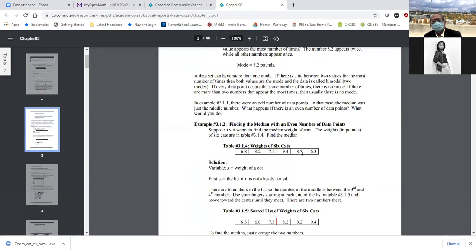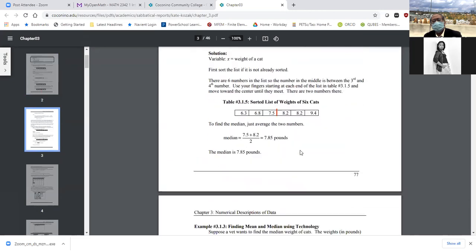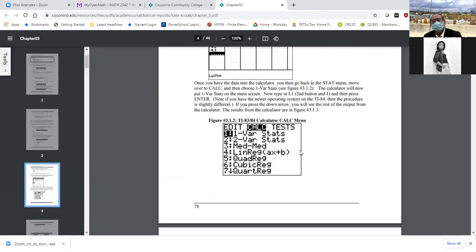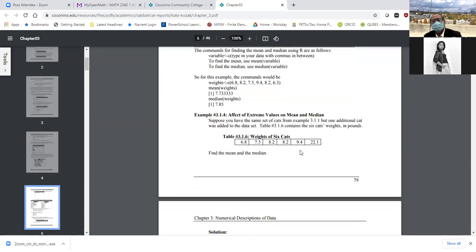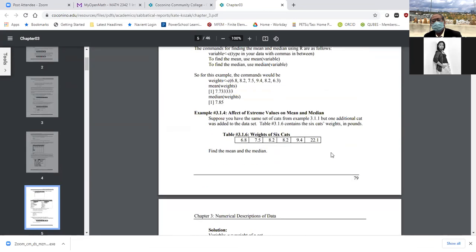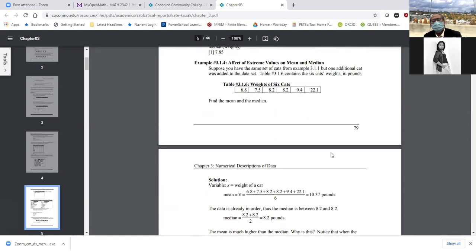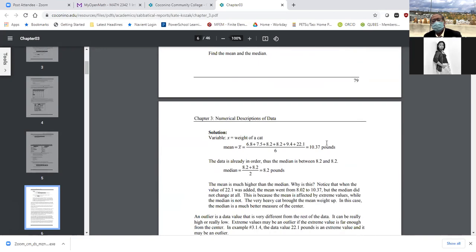But because of the extreme value, 22.1, the average jumps to 10.37. But the median is still around the same number.